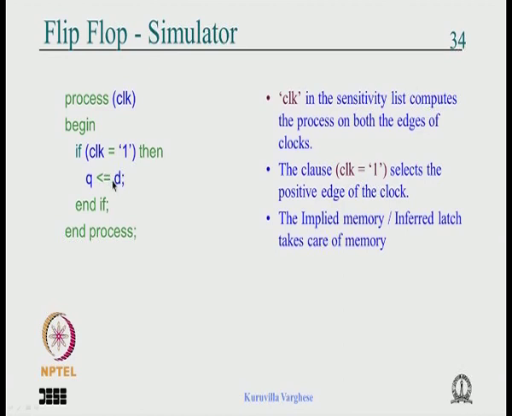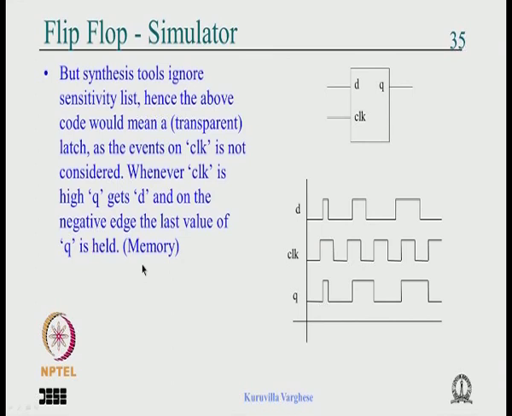Okay, so given to a synthesis tool, this particular code says that as long as clock is 1, Q gets D, and when the clock goes low it remembers, and mind you, that is nothing but a transparent latch. So if you write such a code, given to the simulator it's a flip flop, given to synthesis it's a latch, and that is what is written here.